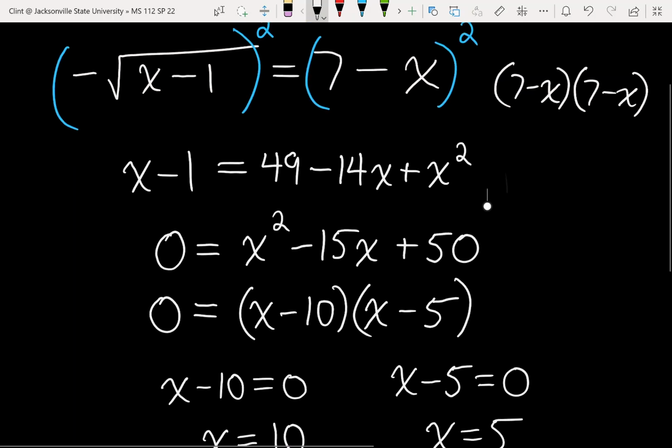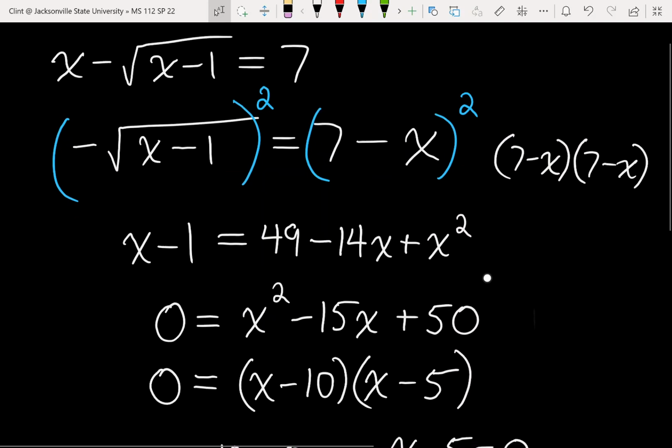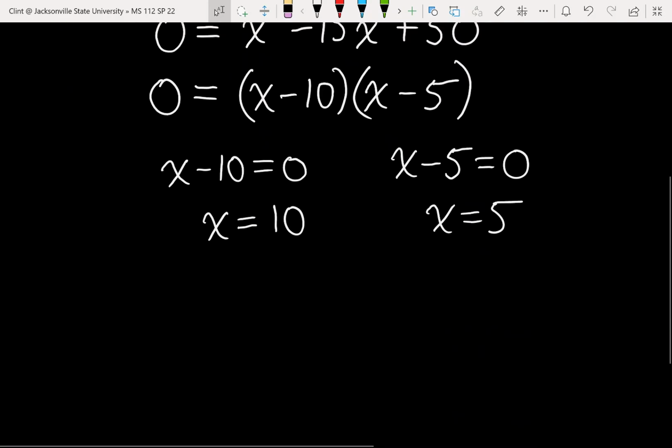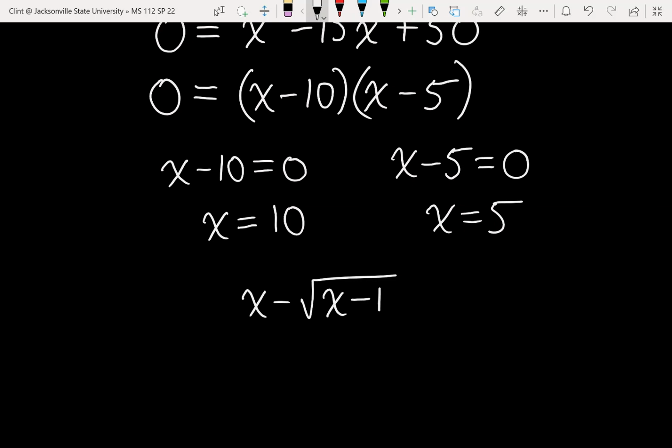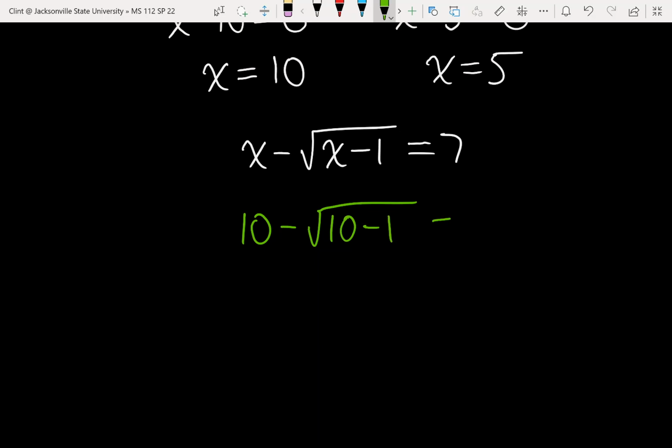We need to check them in our original and make sure we don't get anything weird. So x minus square root of x minus 1. So if we check this, if we have 10, that one's going to work, right?